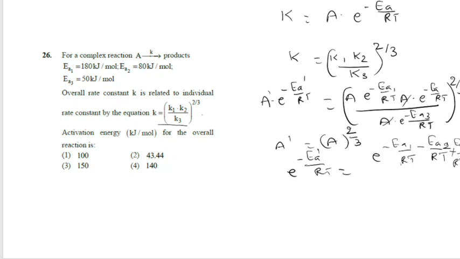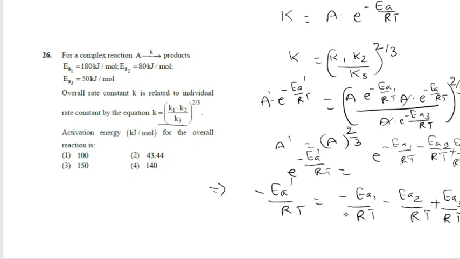Now I am going to apply the natural logarithm on both sides. If I apply natural logarithms on both sides, you will get minus EA dash by RT is equal to minus EA1 by RT minus EA2 by RT and then plus EA3 by RT, right?